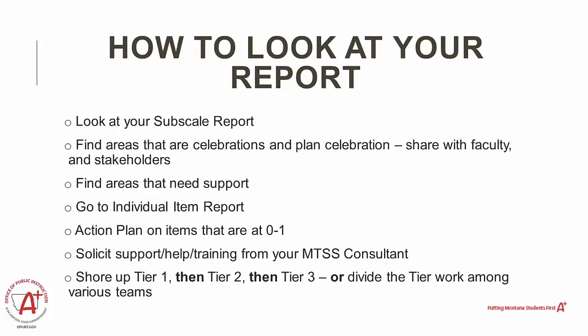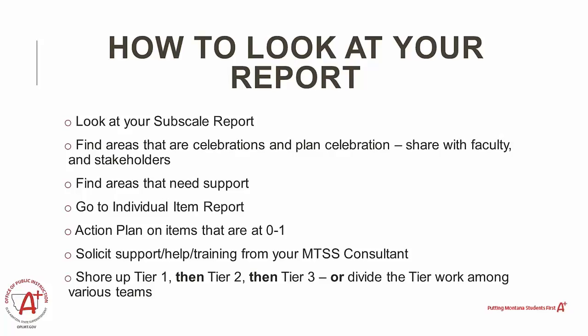So how do we look at your report? Well, some things to look at are your subscale reports. Find the areas where there are celebrations and plan those celebrations. Share this with your faculty, share it with your school board and other stakeholders within your community. Of course, we need to find areas that need support.